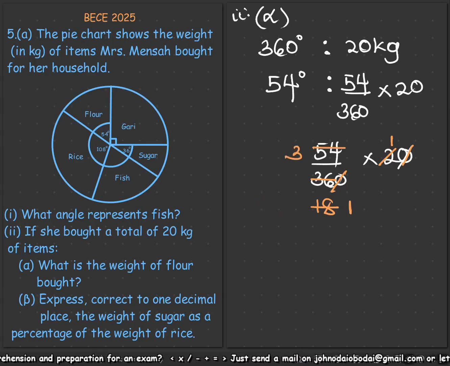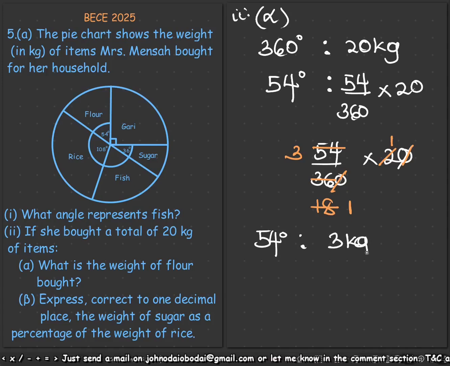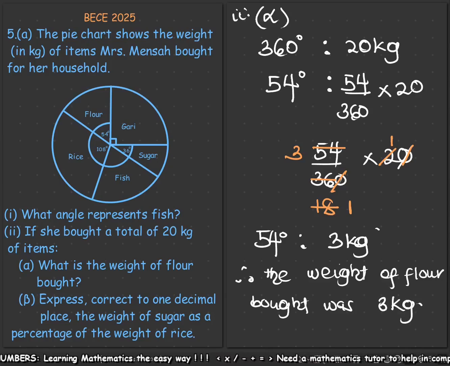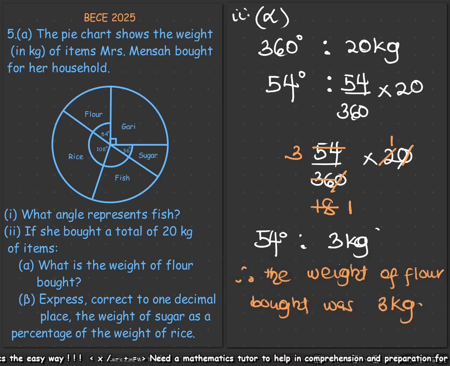So this tells us that 54 degrees is to 3 kilogram, and that represents the flour. Therefore, the weight of flour bought was 3 kilogram. As simple as that. And that solves the second part of the question.